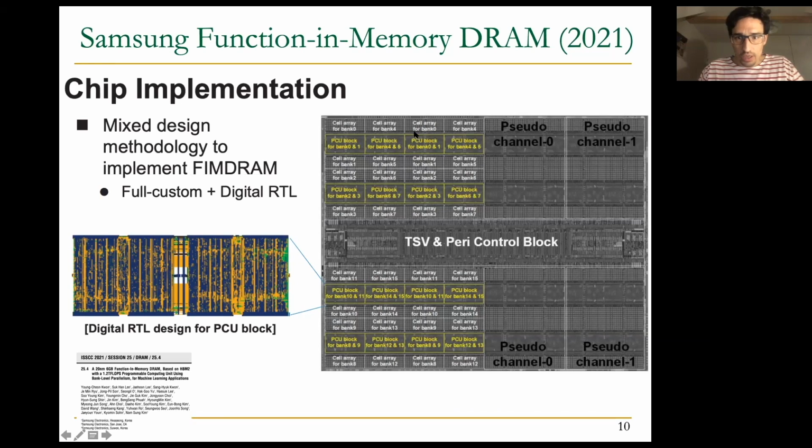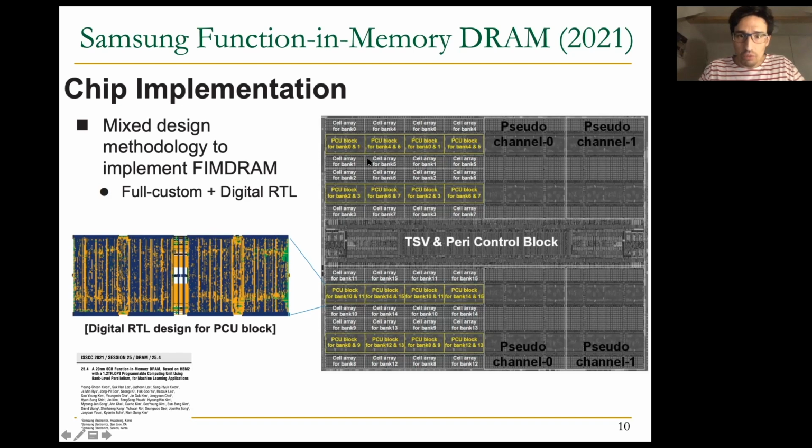What they did, well, this is like one of the layers of the HBM memory seen from above, right? So as you can see, this is divided into different pseudo channels, and inside each of them there are multiple banks. So you can see here bank 0, bank 1, bank 2, bank 3, and so on.